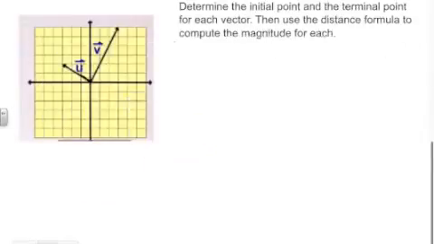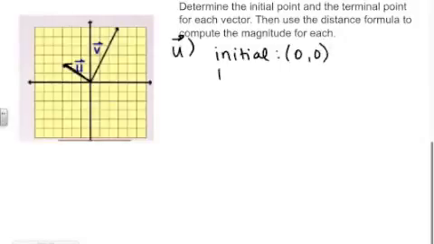So I'm going to start here with this vector, U. First of all, its initial point we can see is at the origin, at (0, 0), and its terminal point is at (-3, 2). That's where it ends, right there.